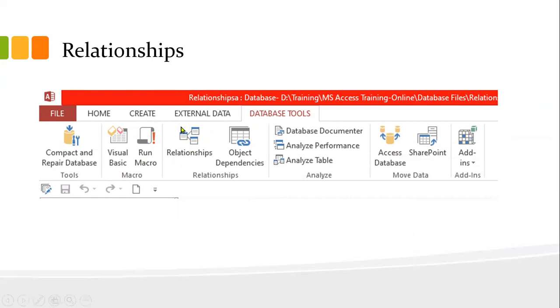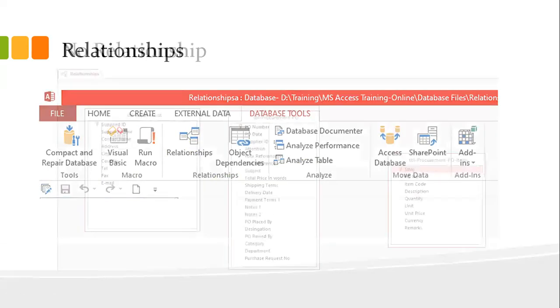So as you see here, if you go to the tab, there is a database tools tab. Under this, you have here relationships. So if you click this one, then it will give the functionality of relationships.